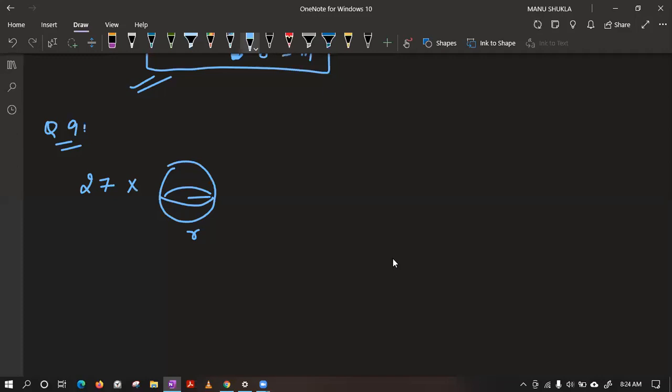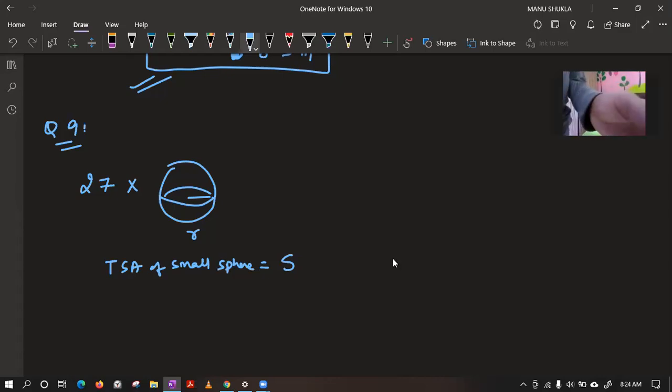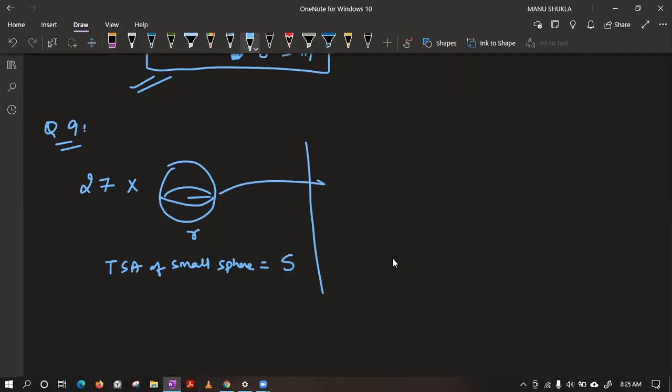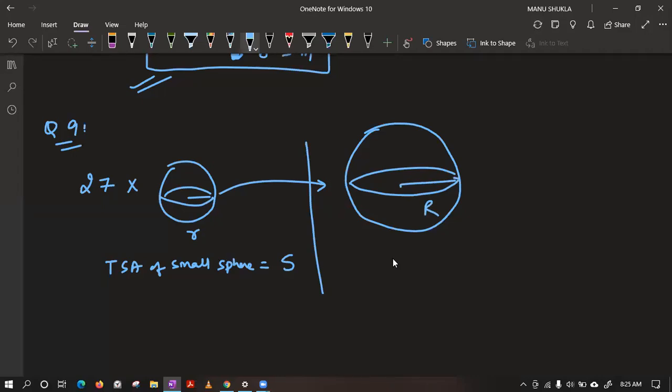They are saying the radius is r and the surface area is S, so you can say the TSA of the small sphere is given to you as capital S. Now they are saying it is melted, and we made a larger sphere of this like this with radius capital R. Okay, please tell me now what is to be done.